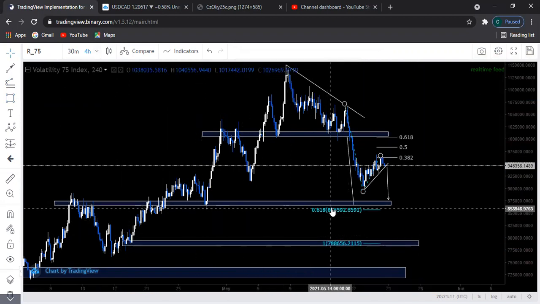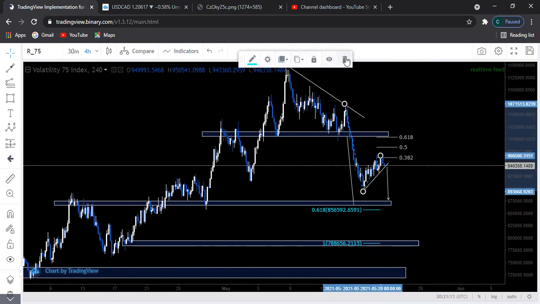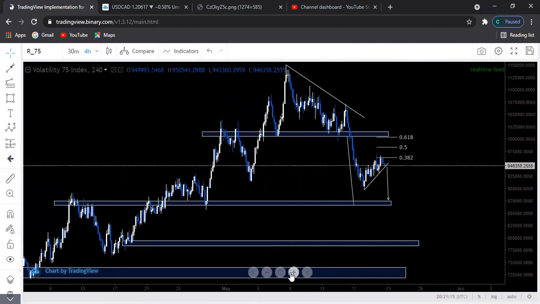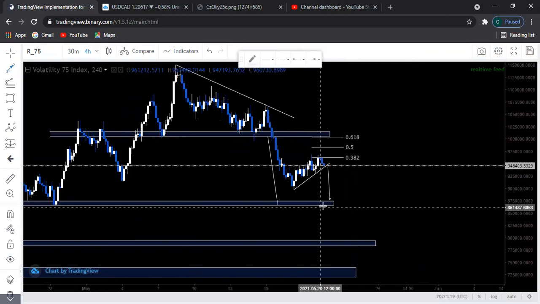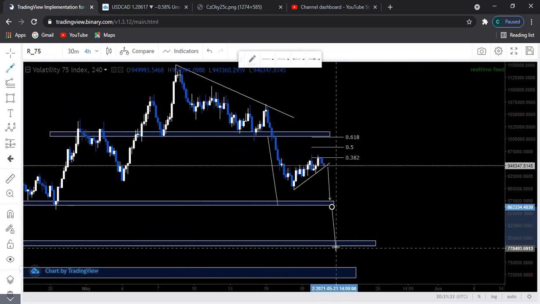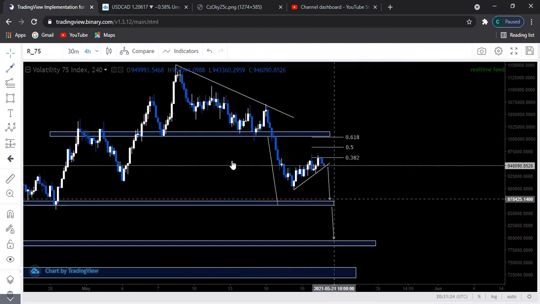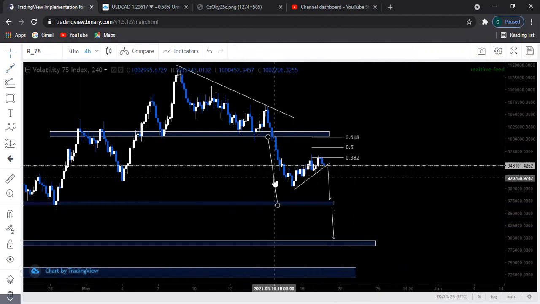So that's how I'll be expecting to see prices keep on pushing. If they break below this trend line here, that will be the first take profit, and this will be the second take profit. Let's see how it plays out.